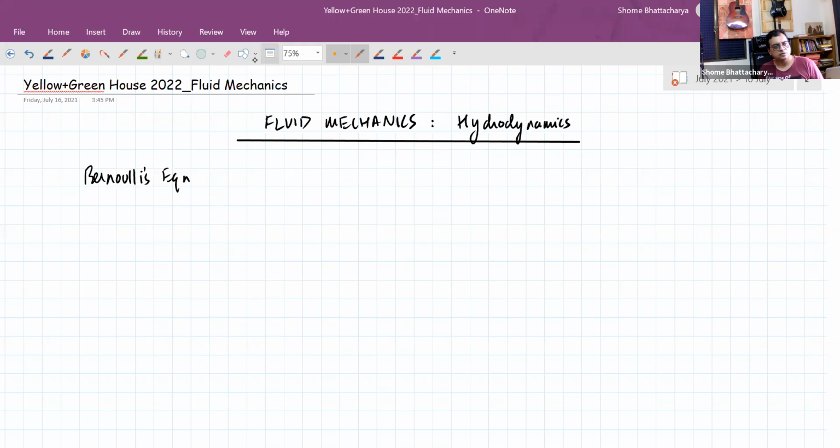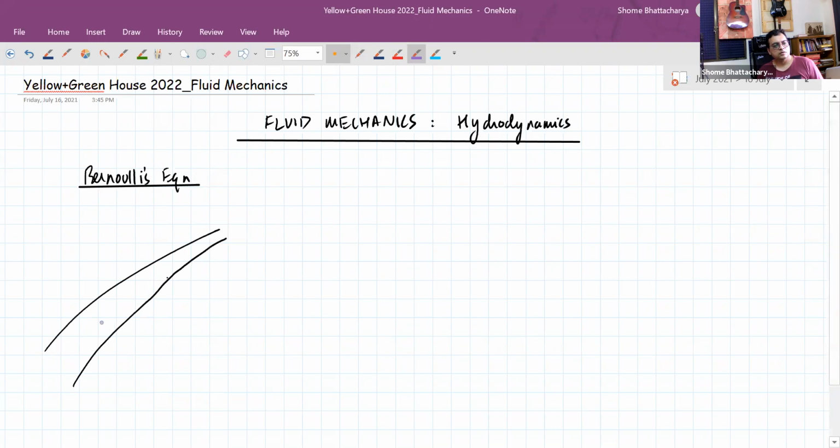So Bernoulli's equation, the statement was that if we compare any 2 points in a pipeline through which an ideal fluid is in steady flow, then we can compare the velocity of flow with respect to the pressure at those 2 points where the cross sections are A1 and A2.